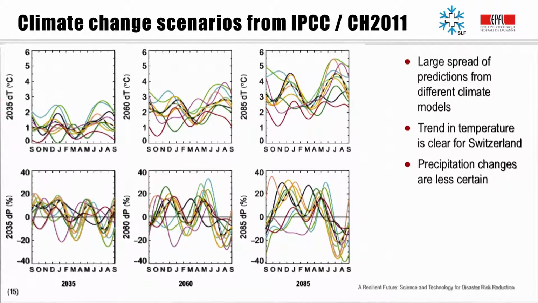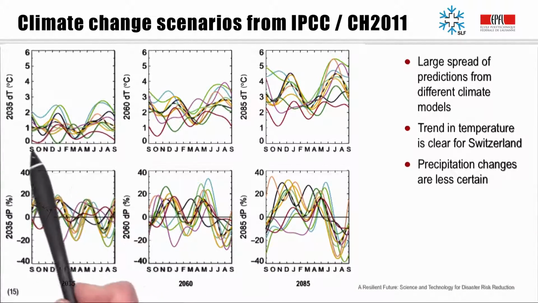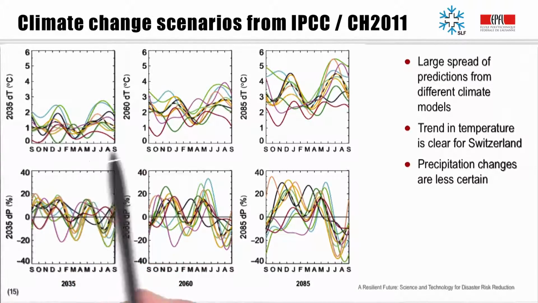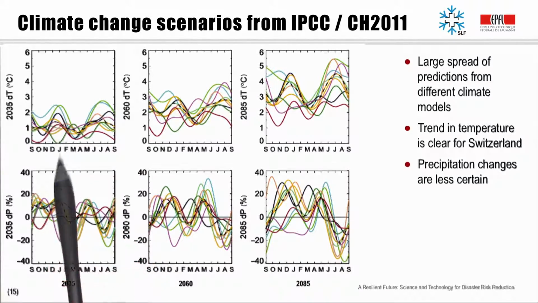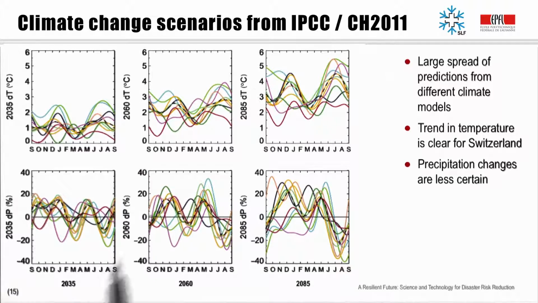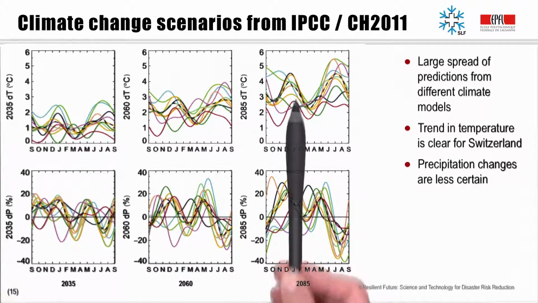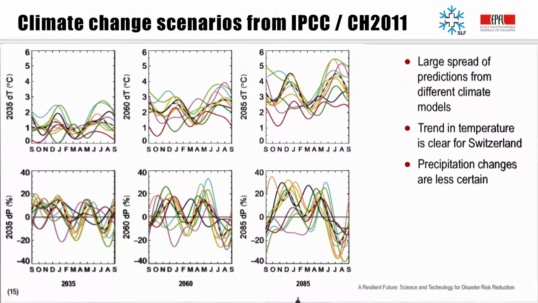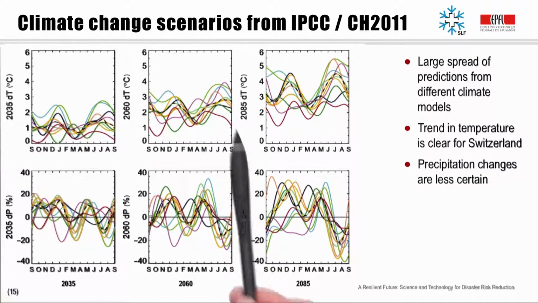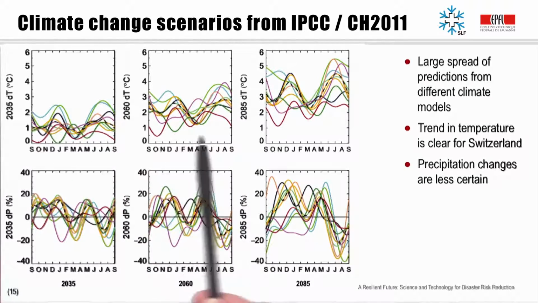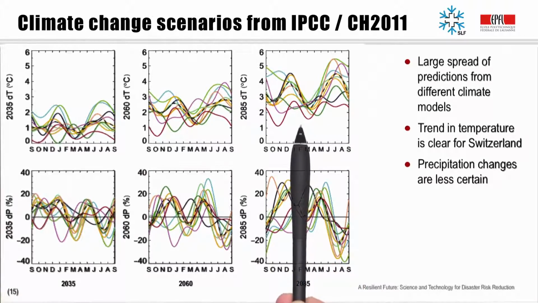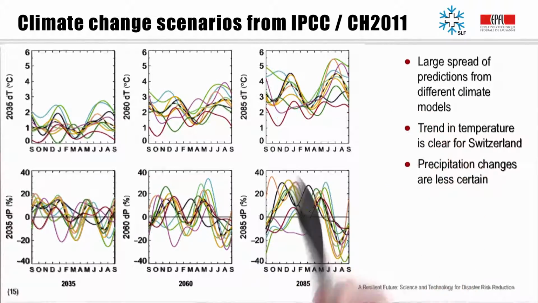On the upper panel, you can see that despite the fact that the spread between the individual models is quite significant in all these forecasting periods, the first column is for 2035, the second column for 2060, and the third column for 2085, the delta T, the forecasted difference in temperatures, is quite significant, and much larger than the spread between the model simulations. So the world gets warmer. In that result, all of these models agree.